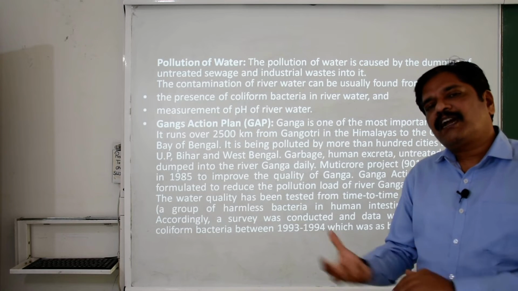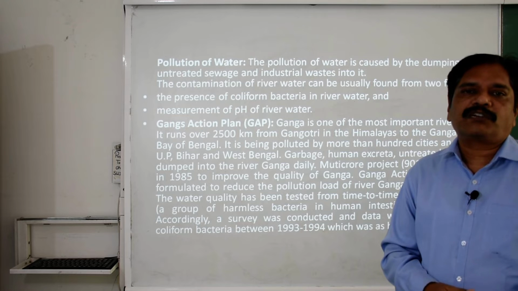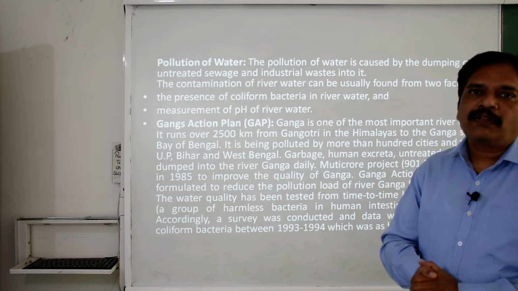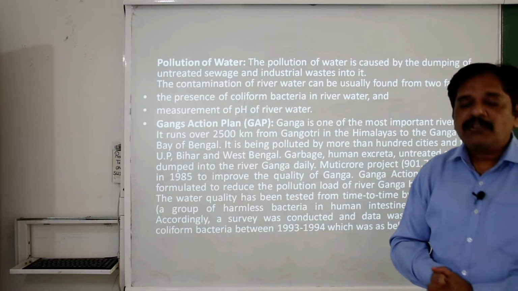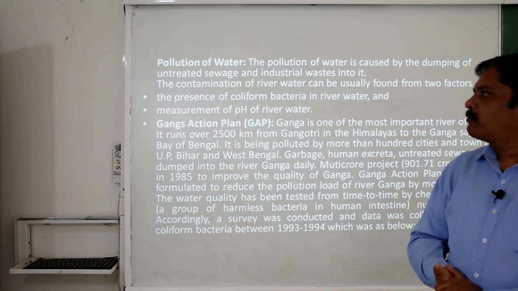Simply, if any or all of these three kinds of conditions change in the water resources and it becomes unfit for the use of human beings, then it is considered water pollution. And these days we are very badly facing this problem.